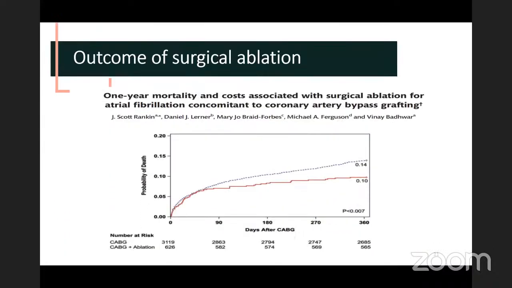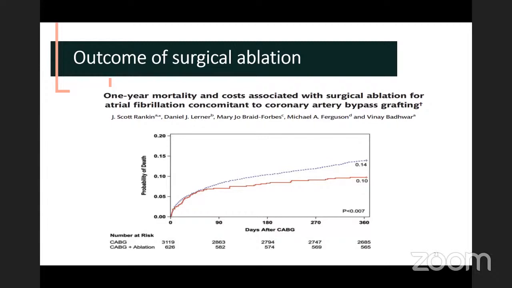In another study, they examined the 1-year mortality and costs associated with surgical ablation concomitant with CABG. They had a large number of patients who underwent CABG alone, who also had atrial fibrillation, and around 600 patients who had CABG plus surgical ablation.